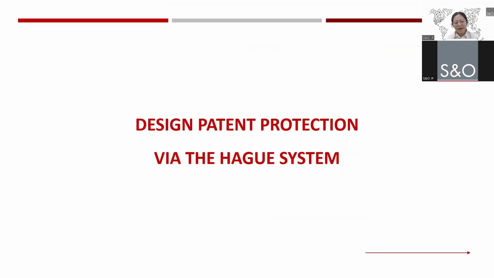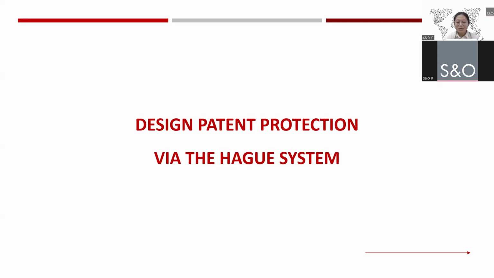As we conclude our discussion on invention registration in China, we turn our attention to another topic, design patent protection via the Hague system. This international framework offers a harmonized solution for securing industrial design rights across multiple countries, including China.